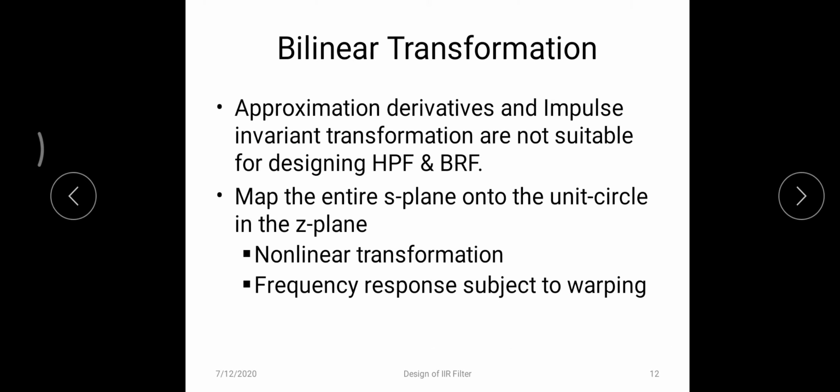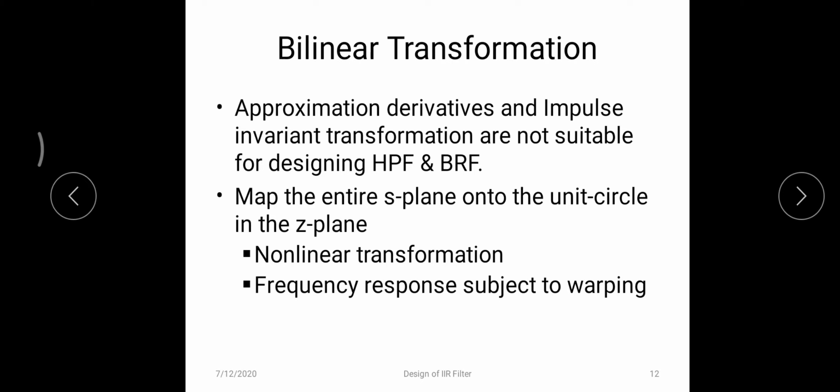The next IIR filter design method is bilinear transformation. The previous two techniques, that is approximation of derivatives and impulse invariant transformation, are not highly suggested for high pass and band reject filters. So this problem will be eliminated in bilinear transformation.